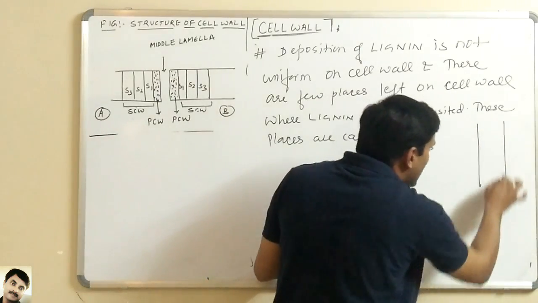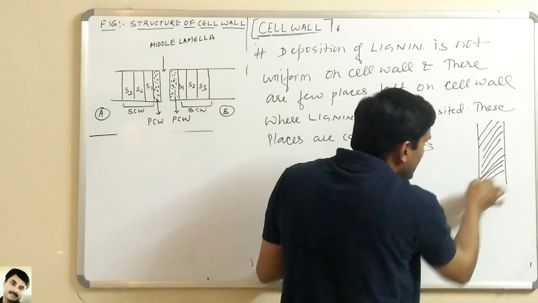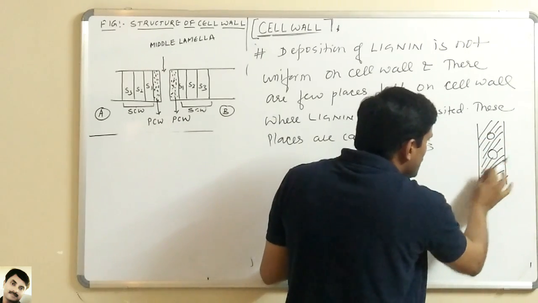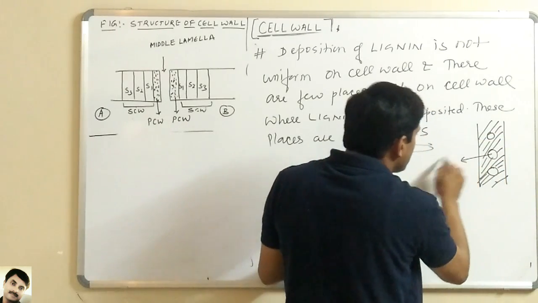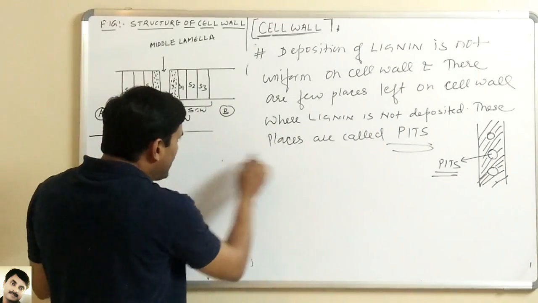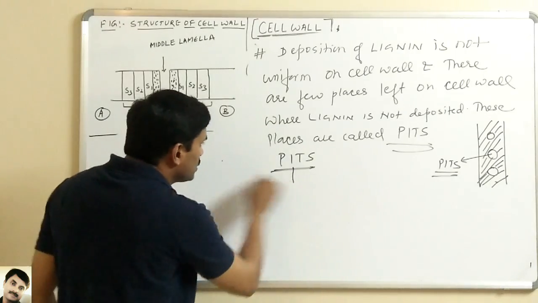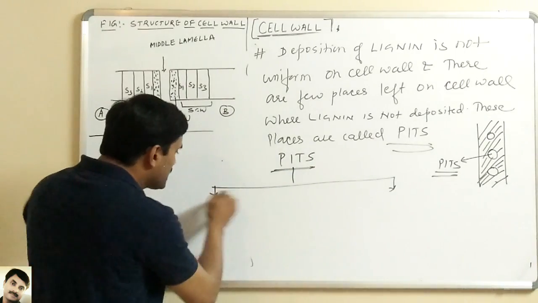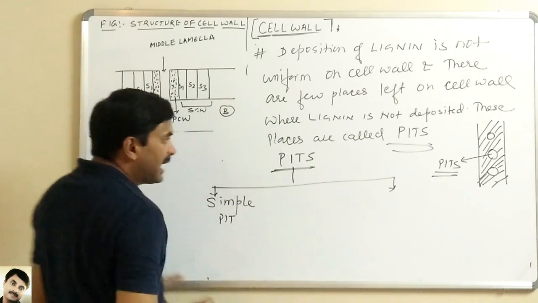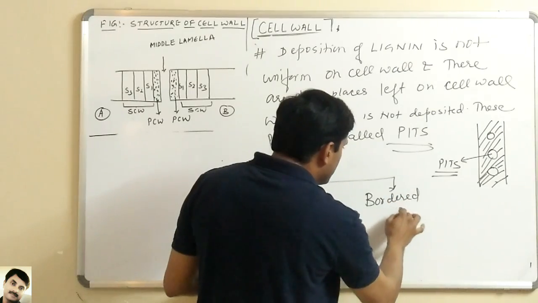Say if this is the cell wall, at whole places the lignin is deposited, but there are a few places, say this one, where the lignin is not deposited, and these places are called what? The pits. Now, pits are of two types. Very important. One is known as simple pit, and another is known as bordered pit.